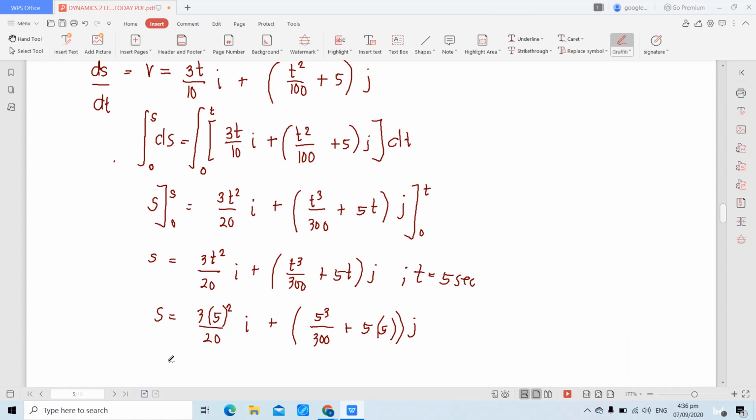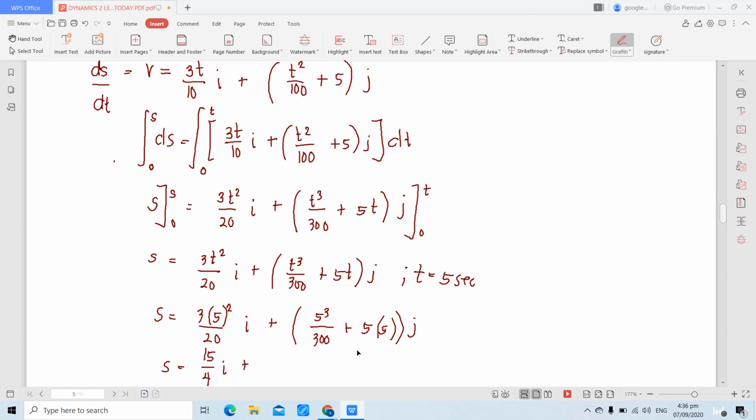Paka-simplify po. What is s? 3 times 25 over 20, 75 over 20 in lowest terms. Divisible by 5. 15 over 4. 15 over 4 po.